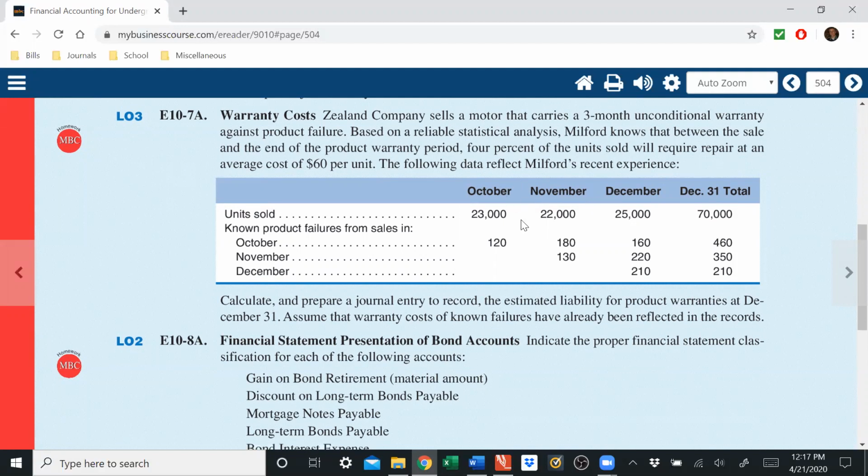Each month we have units sold. We have the known product failures from sales in that month or an earlier month, sorry.